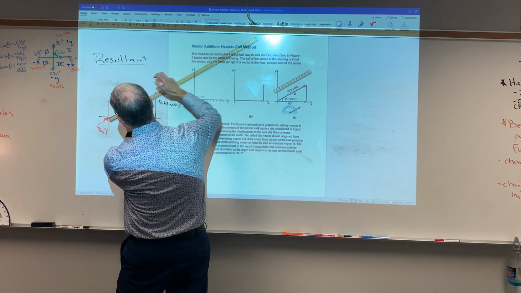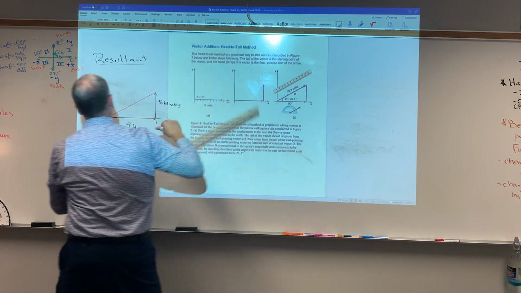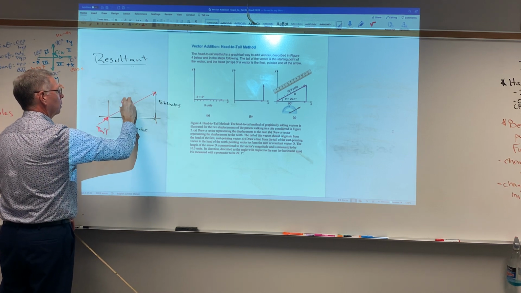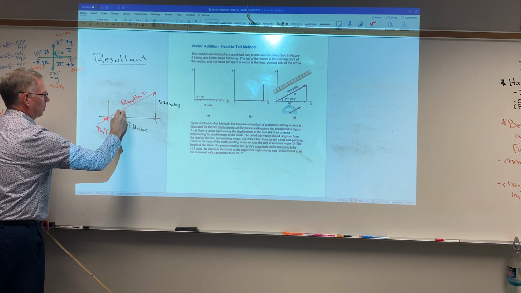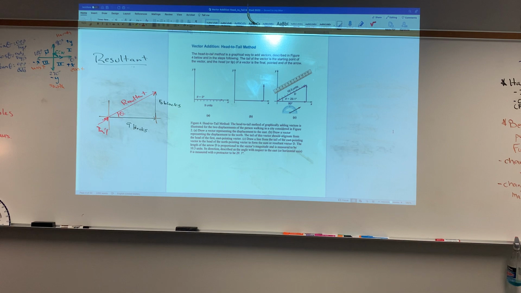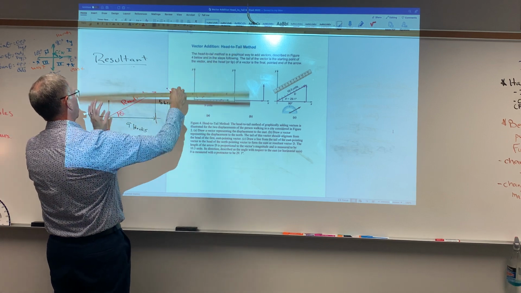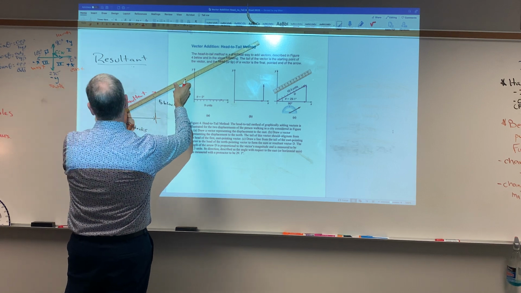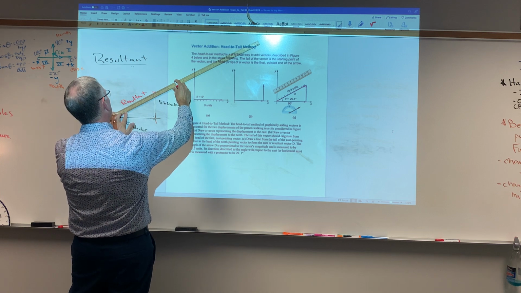Okay, so it's always tail to head, from where you started to where you ended. And so, using your ruler, measure the length of that line. And whatever scale you use, determine how many blocks that is.